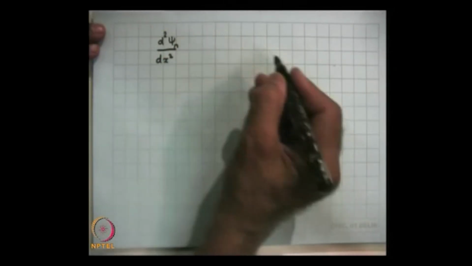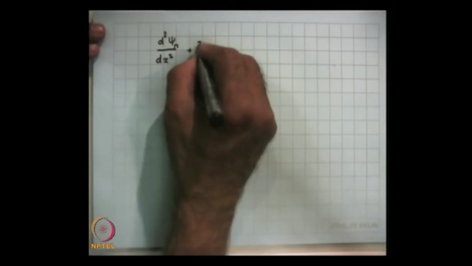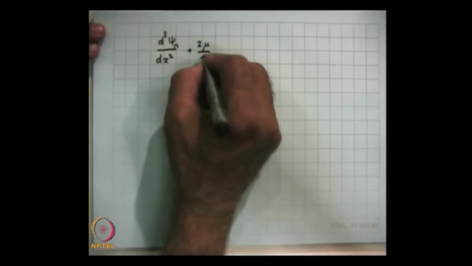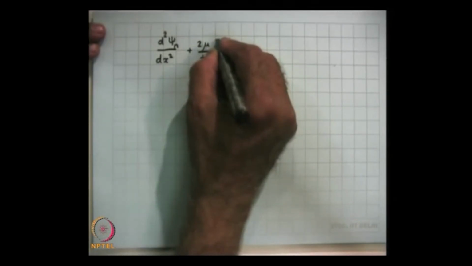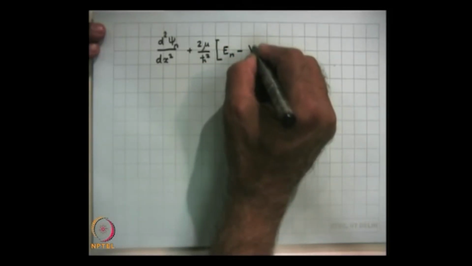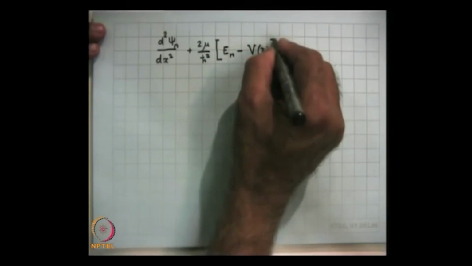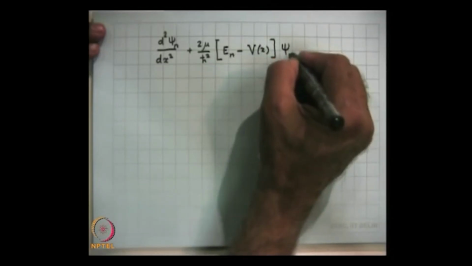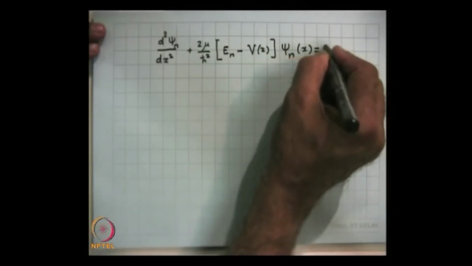For a general V of x, we assume that psi n of x is an eigenfunction belonging to the eigenvalue: d2 psi n by dx square plus 2 mu by h cross square, E n minus V of x, times psi n of x, is equal to 0.